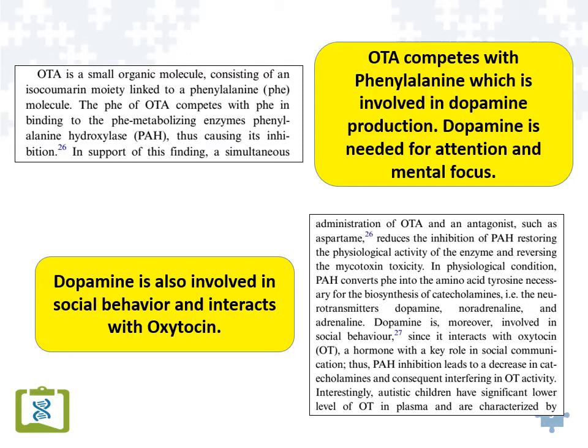So phenylalanine gets converted to tyrosine, gets converted to L-dopa, which gets converted to dopamine. What ochratoxin does is it inhibits phenylalanine hydroxylase, the enzyme that actually converts phenylalanine into tyrosine. And then that will therefore impede the production of dopamine.